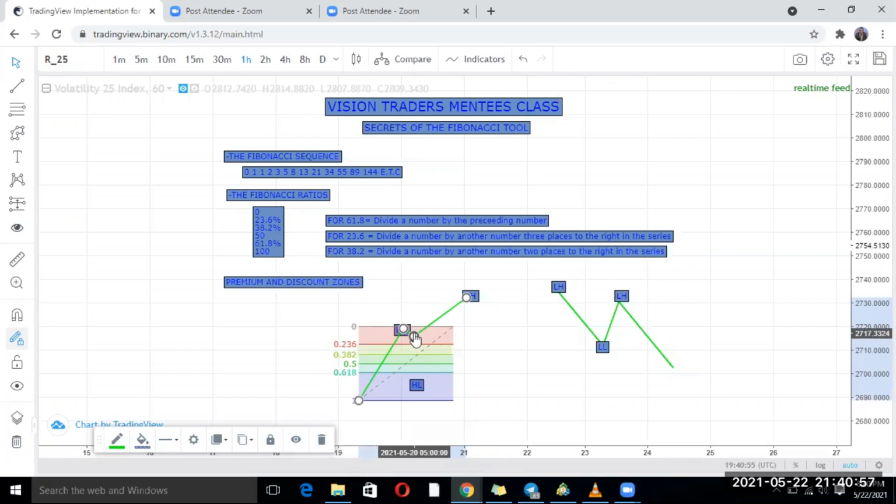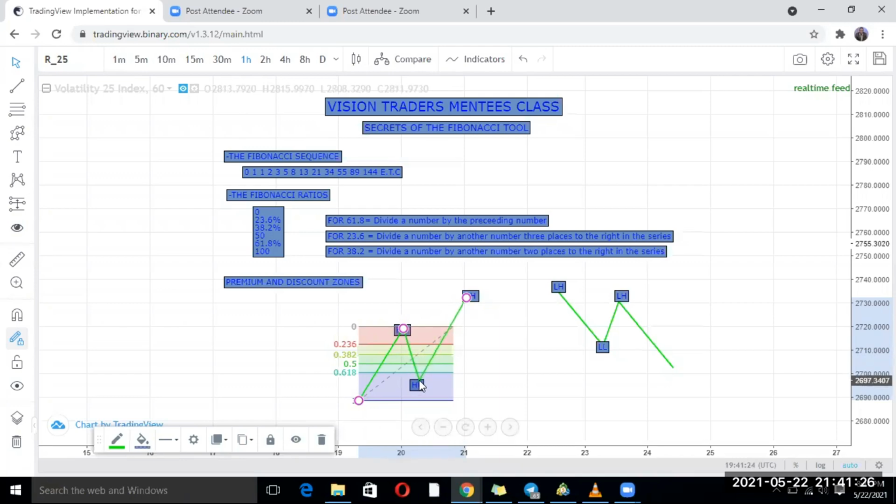I wait for the market to sell down, break all these zones. You might have reactions at these zones because all these zones are also key levels, like minor supports and minor resistance on your charts, right? So price will just keep coming down, break the 50%, come down, break 61.8, comes down.